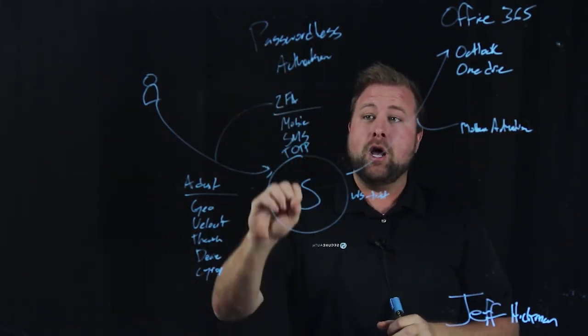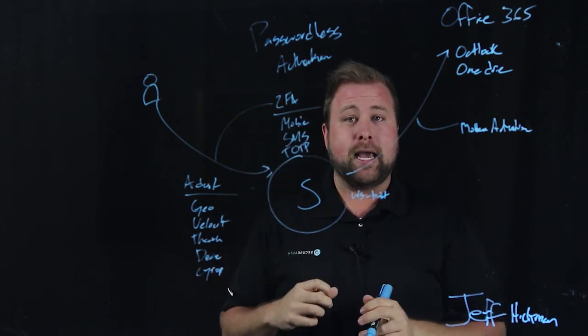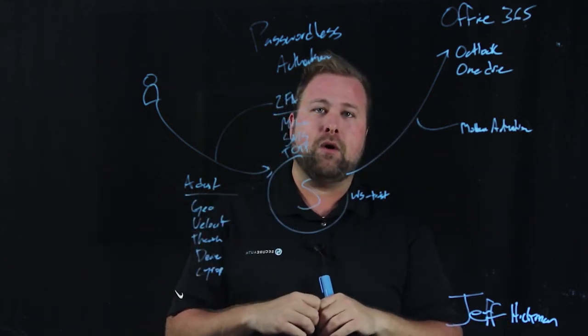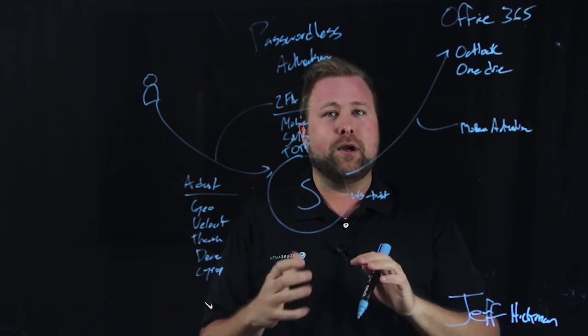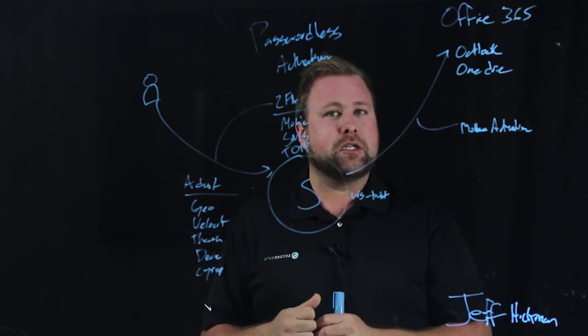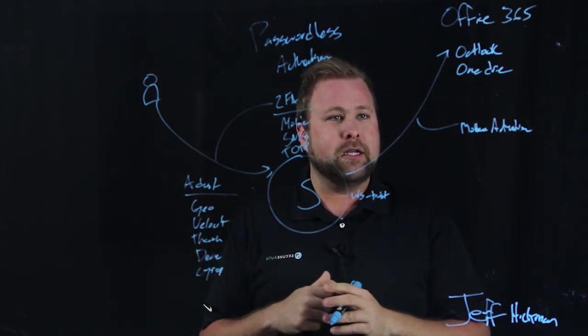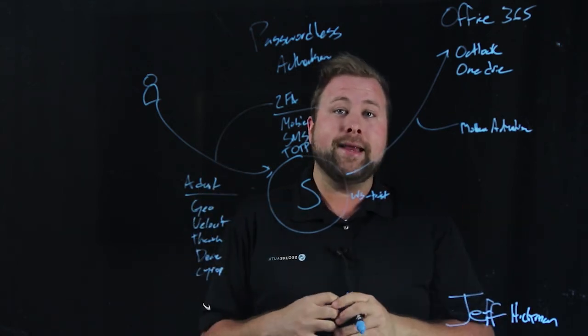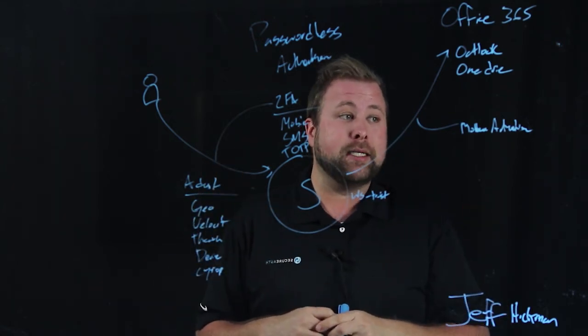With this context, with the mobile push method of second factor, we can remove the password from the equation and allow the user to simply put in their username and then get a message to their mobile device, provide their fingerprint via Touch ID, and boom, they're logged right into Office 365 at that point.